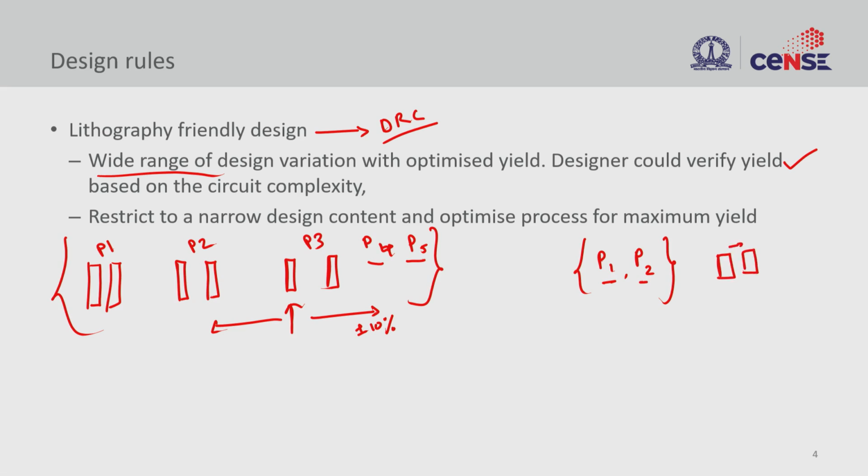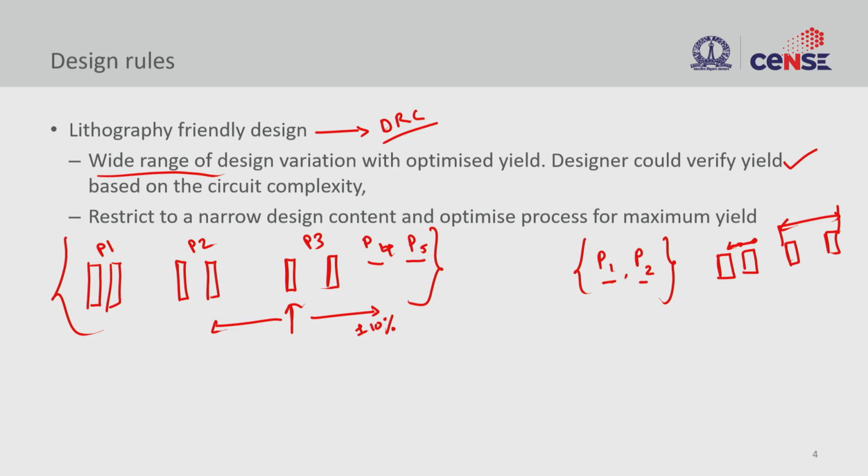So this is P1 pitch and then P2 pitch, right. So only these 2 are allowed, right. And if this is the case, then I expect very tighter control of variation, right, for P1 and P2. So this might be a little difficult for some of the designers, right, where they want variety, but this will give you high yield and reliability.